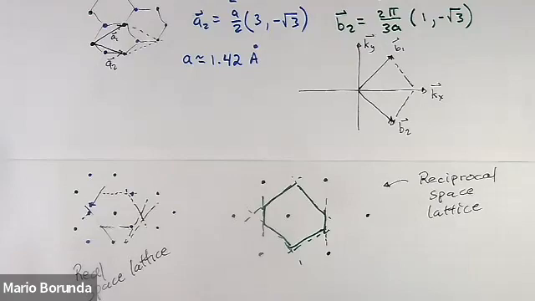Main difference though, the flat parts over here, which were in the y-axis, are in the x-axis. Again, we had the square lattice, and the reciprocal of it was a square. We had the rectangular lattice where the rectangle was going along the x direction. In the reciprocal lattice, the rectangle is going to go in the y direction.